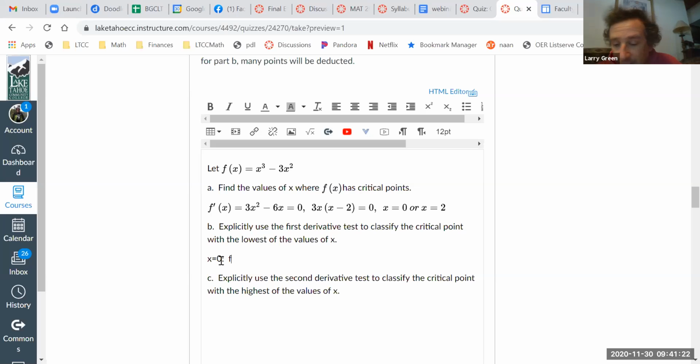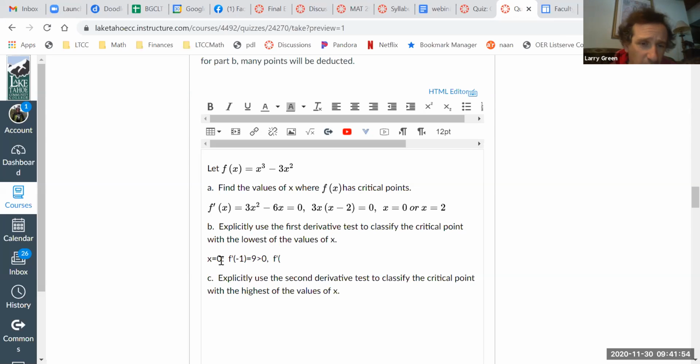So we're going to look at f prime, the first derivative, of -1. That's why it's called the first derivative test. Again, f prime is 3x squared minus 6x. I plug in -1, and I get 3 plus 6, which is 9. What's important about the number 9? Yeah, it's greater than 0. That's all I care about. In fact, I don't even need the number 9. I just need to have greater than 0.